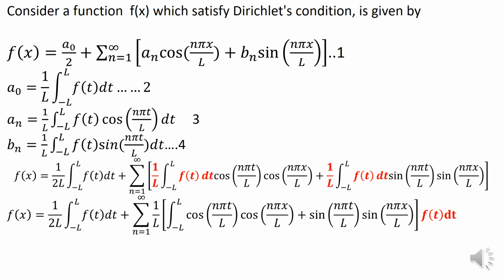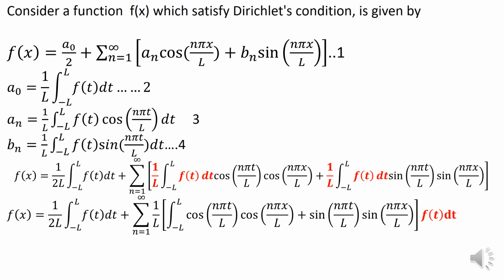So let us suppose a function f(x) is there, which satisfies the Dirichlet conditions. So this function can be written as f(x) = a0/2 + summation n = 1 to infinity [an cos(n pi x / l) + bn sin(n pi x / l)].